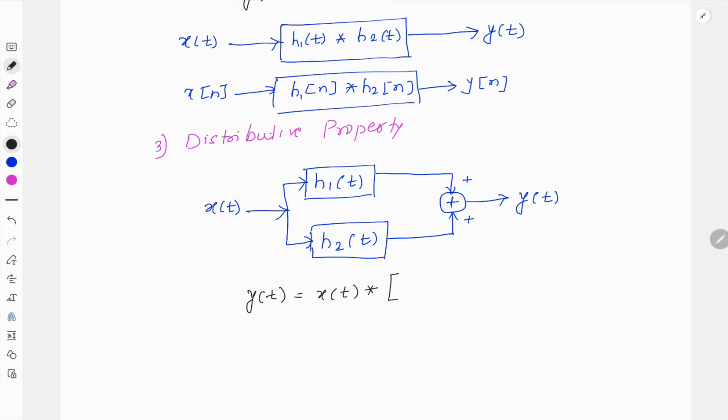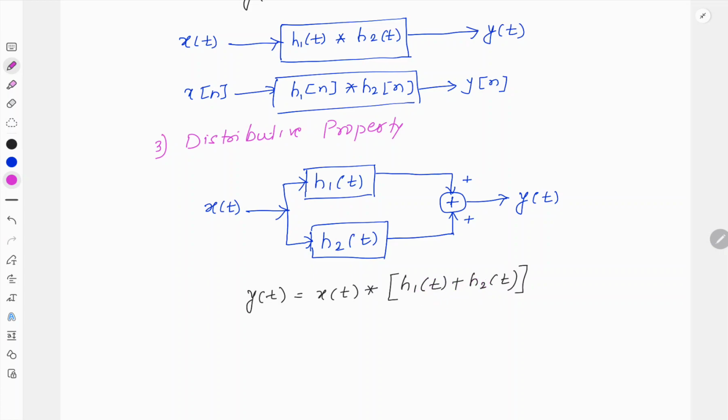If you look at the sign associated with these arrows, for h1 the sign is plus, and for h2 the sign is also plus. Therefore this will be written as h1 of t plus h2 of t, because both h1 and h2 have a plus sign associated with this adder block. So depending on the sign at this adder block, you need to change the sign of h1 and h2.